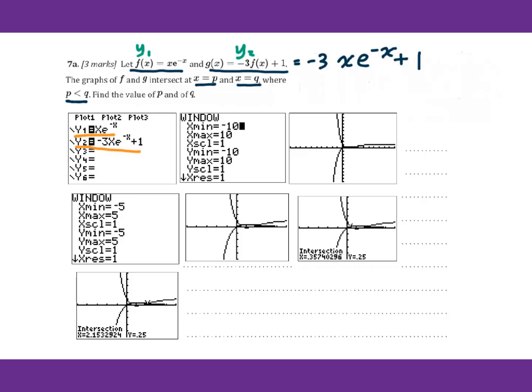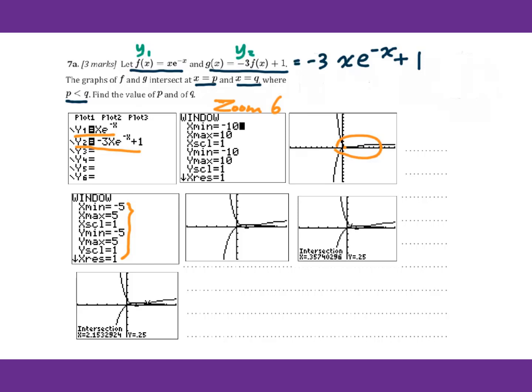For the window, I use Zoom 6, the standard window, first. The intersection is not clear, but I know that the intersection will be between -5 and 5. That's the reason I changed the window like this. For the y-axis, I'm still using -5 to 5.